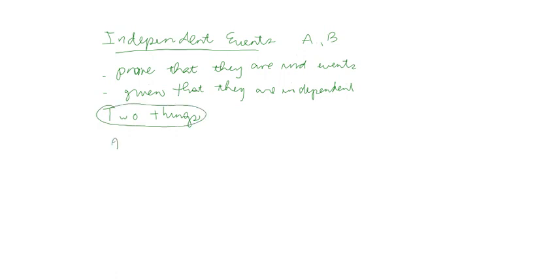You are looking at the intersection of A and B. If this is a product of P(A) and P(B), and also this could be taken from the probability of A plus probability of B minus probability of A intersection B.